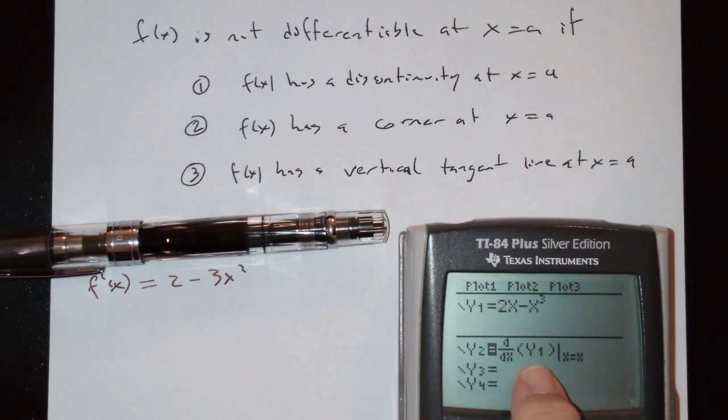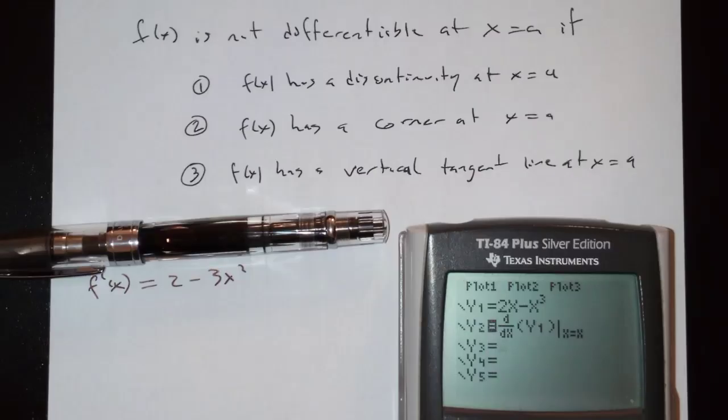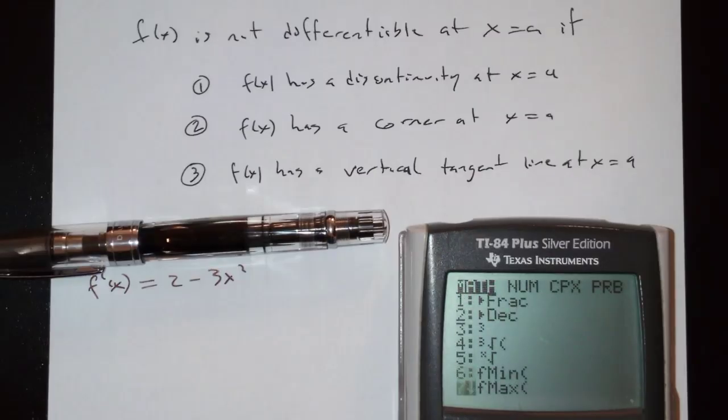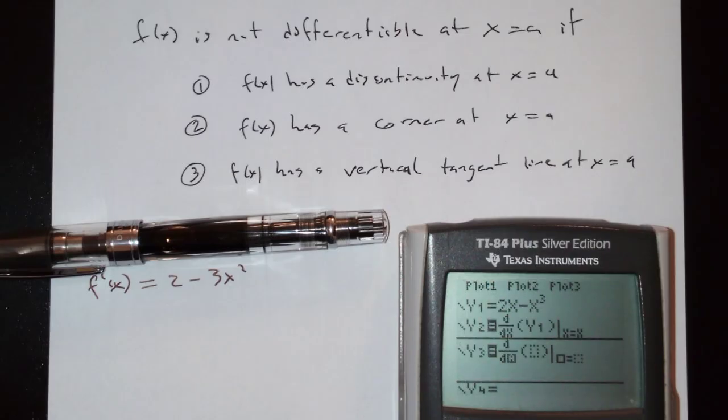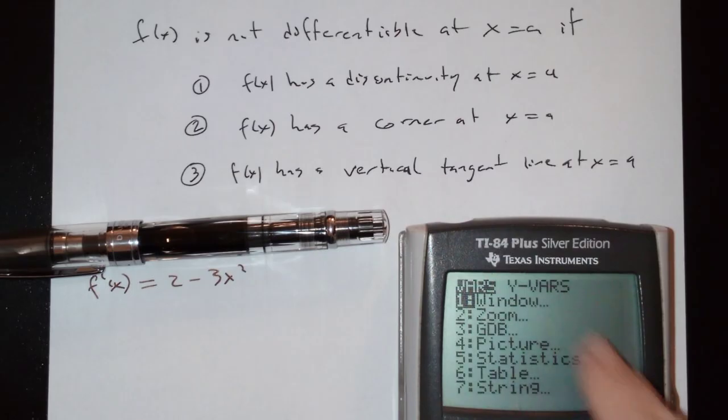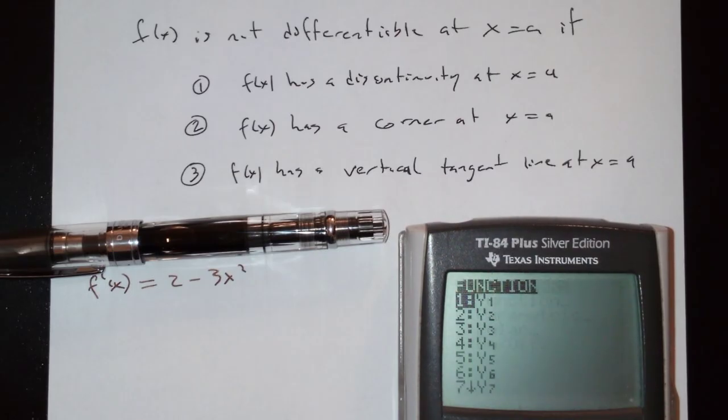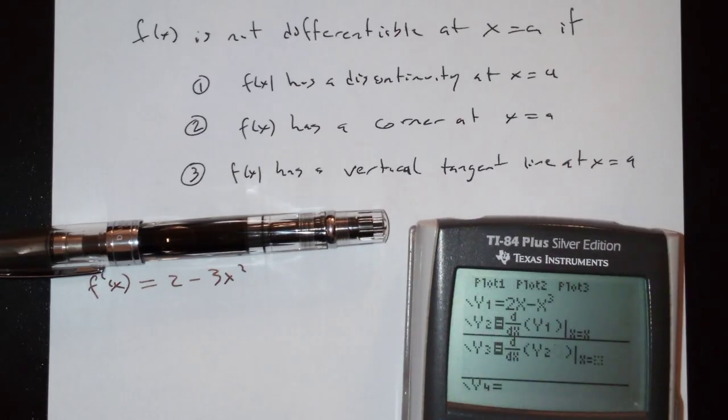I can take this expression and repeat it down here. Math, option number 8, take the derivative with respect to x of the thing in y2 at x. So that's asking me to take the derivative of the derivative.